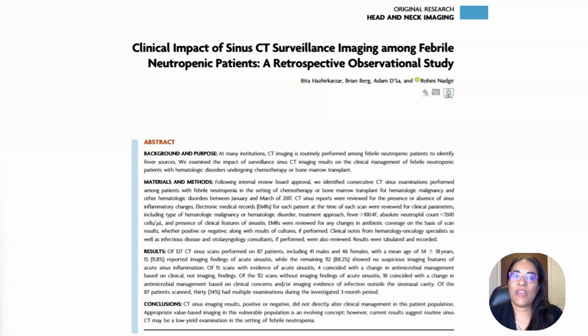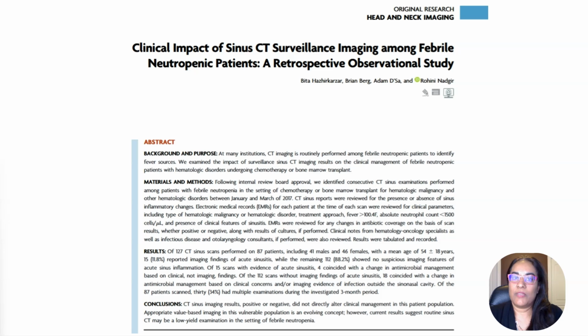Let's start off with describing the clinical context we're talking about here. What specifically is fever and neutropenia, or febrile neutropenia, or neutropenic fever? Among patients who have hematologic malignancies and chronic hematologic conditions, they can be treated with chemotherapy and bone marrow transplant. But one of the important risks of this treatment is that they can become immunocompromised, and as a result they become at risk for infection.